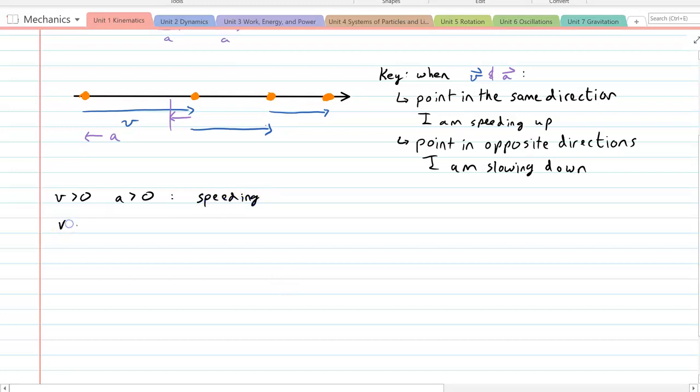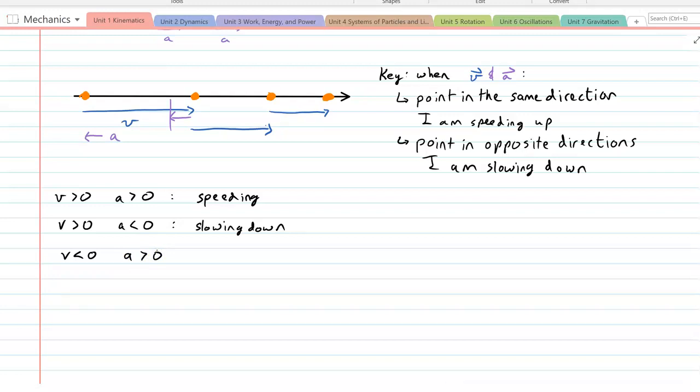If V is positive and A is negative, I'm slowing down. What happens if V is negative? I'm moving left and my acceleration is pointing right. Even though I'm moving in the negative direction, I'm still slowing down because my acceleration is in the opposite direction, right?